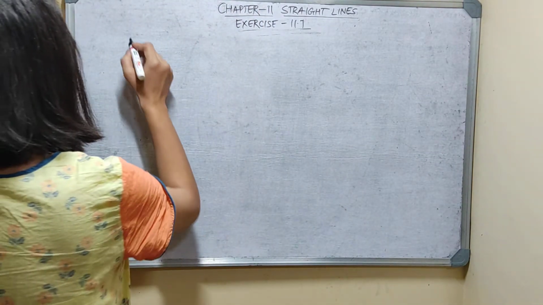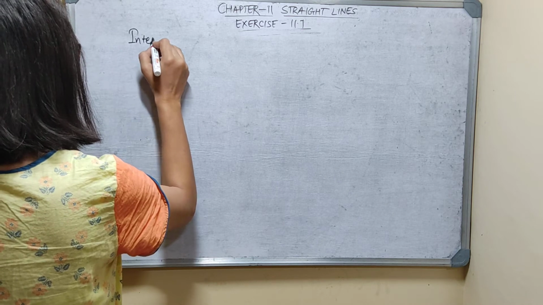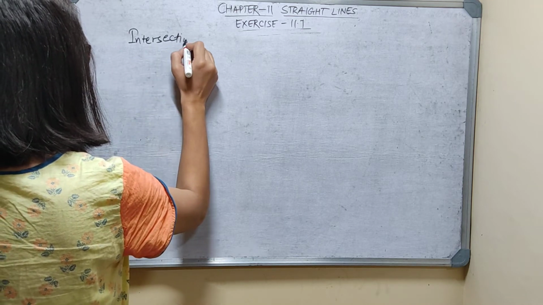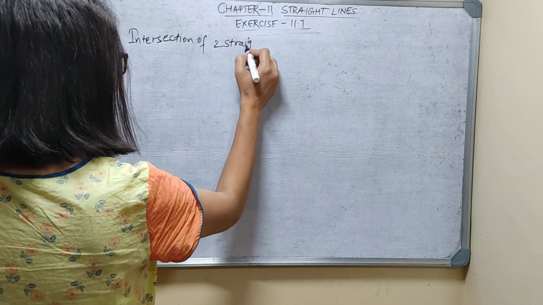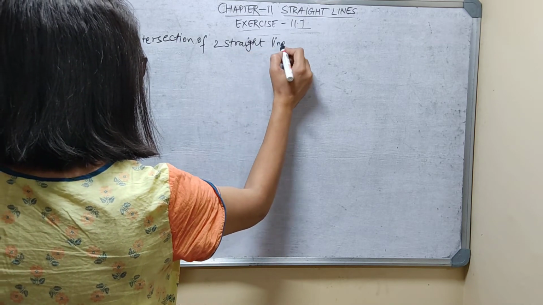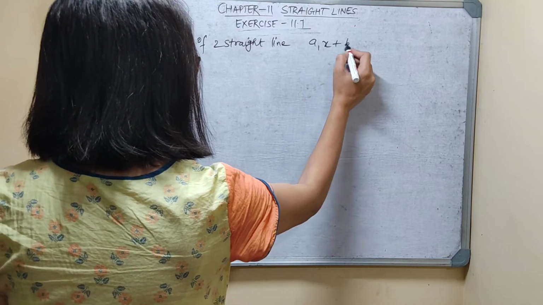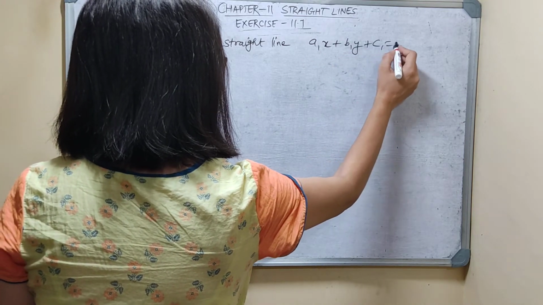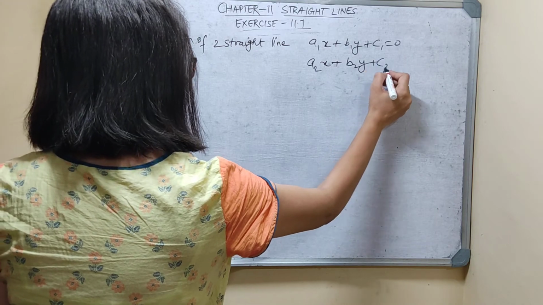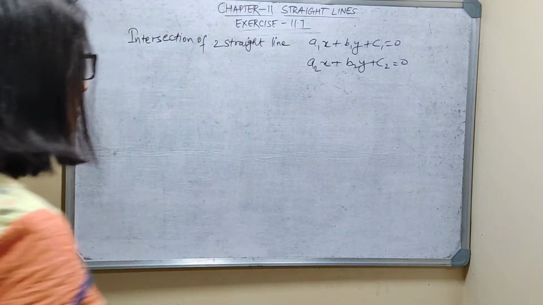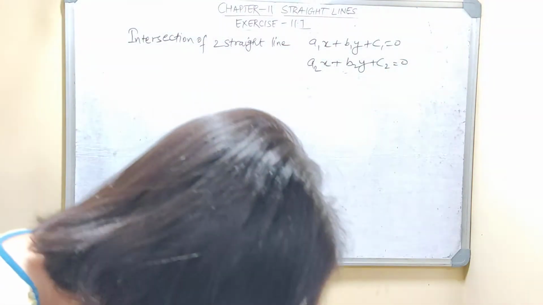Now, to find the intersection of two straight lines. General equations only we will take. a1x plus b1y plus c1 is equal to 0 is one equation, and a2x plus b2y plus c2 is equal to 0 is the other. These two equations are given.